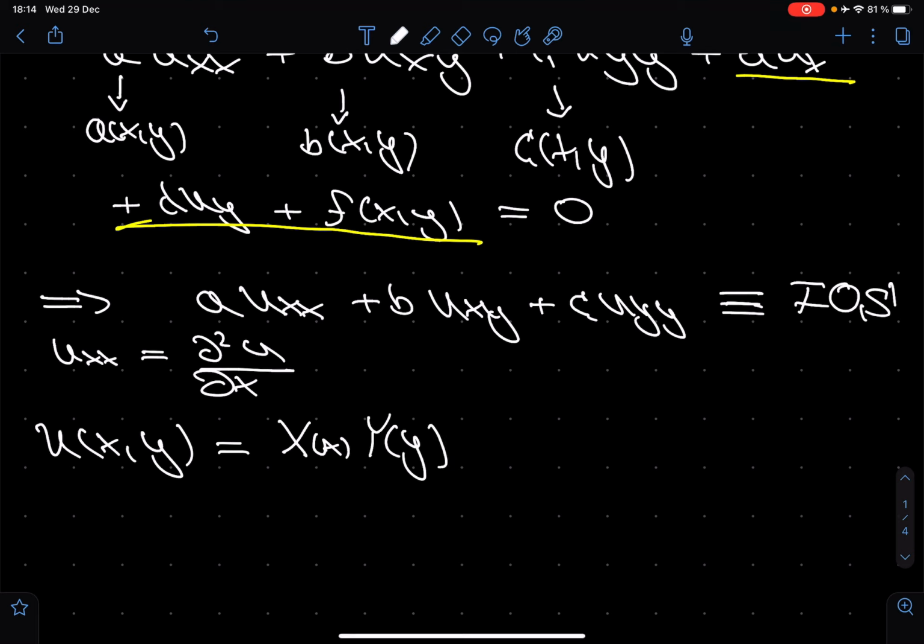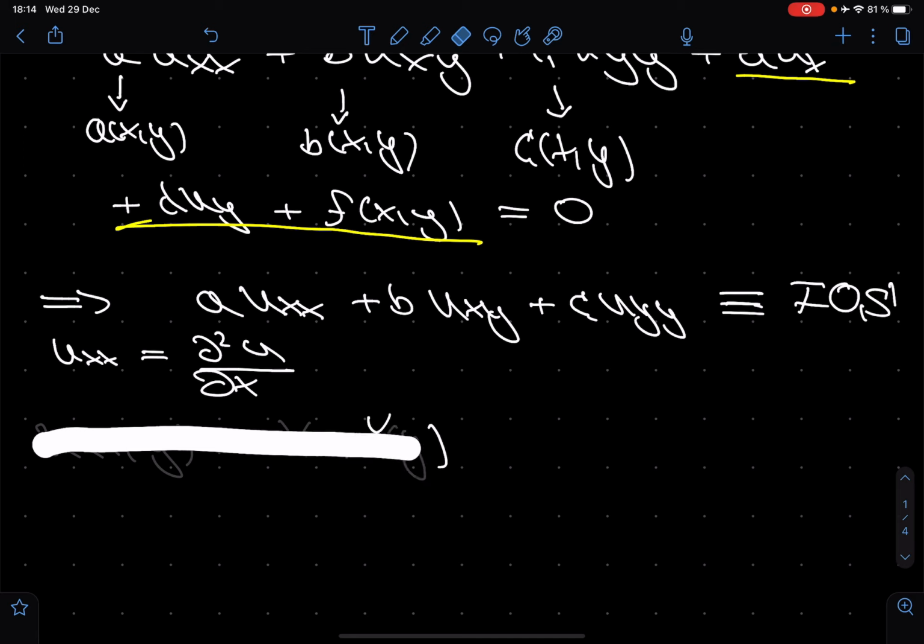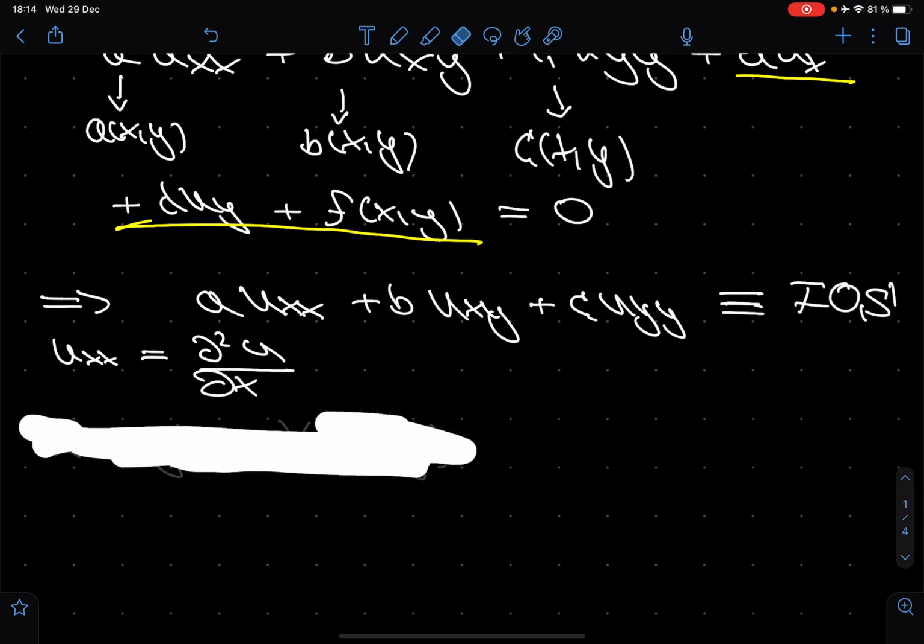But we're not going to start with that approach, because this one gives us, how can I say, interfering solutions, especially for wave equations.